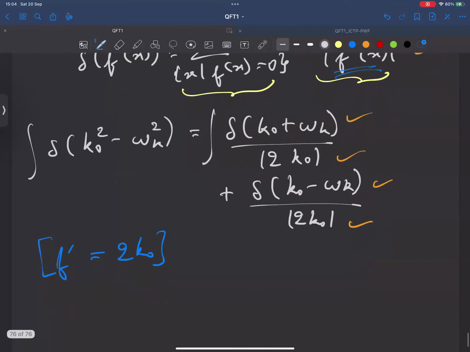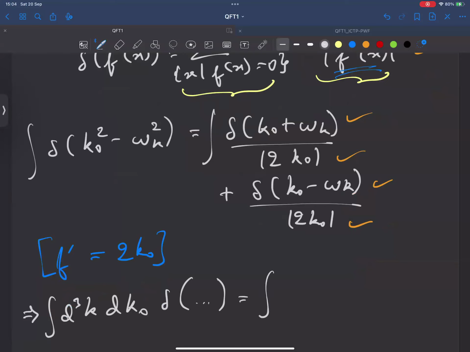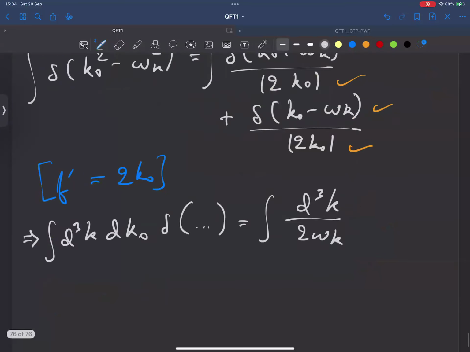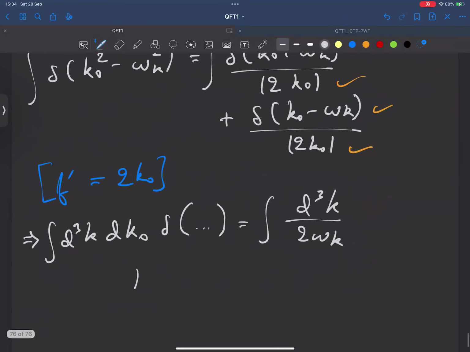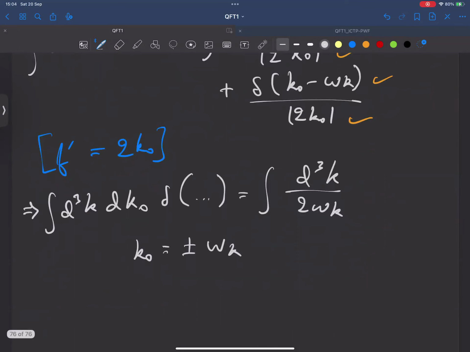So with that, now we can evaluate the integral. So that implies this integral is now a sum of these two integrals, and that will just boil down to this. And the reason is, you see k0 was plus minus omega k, but as we know that we have picked, k0 is like the energy, E. So E is omega k.